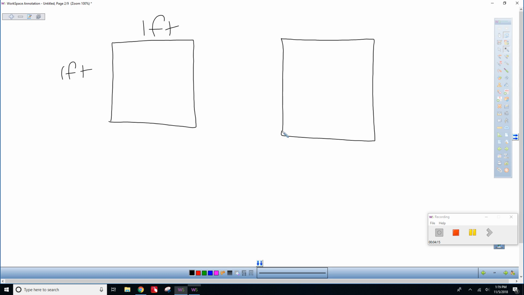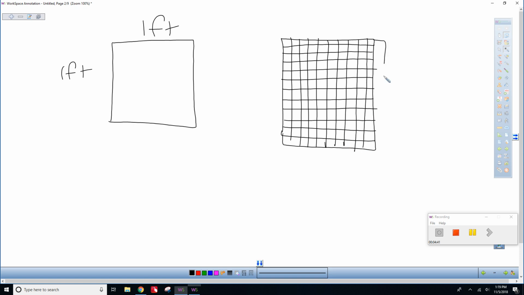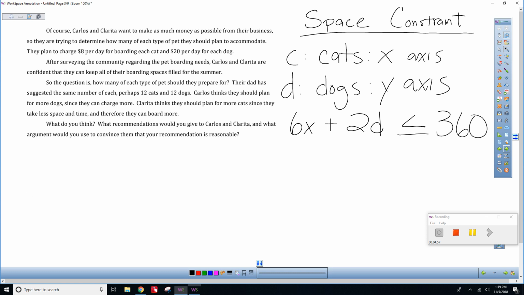How many square inches are there? 144. That should be 12 by 12 there. So these are square inches. This is about a square inch. So there are 144 square inches in 1 square foot. That kind of gives you an idea about the space constraint.